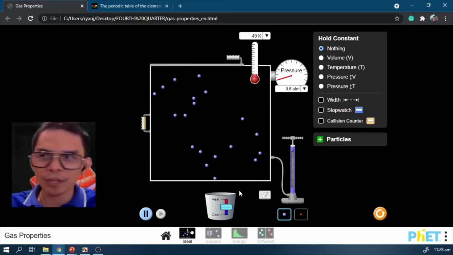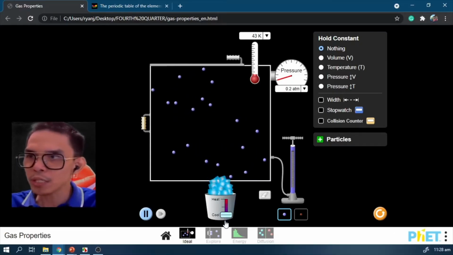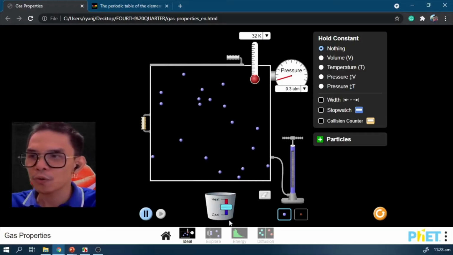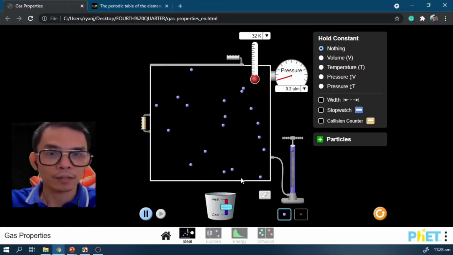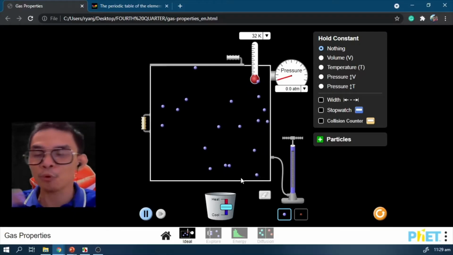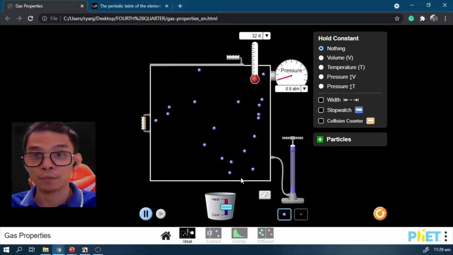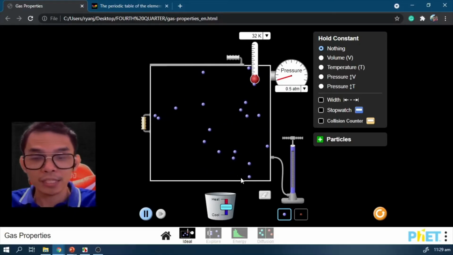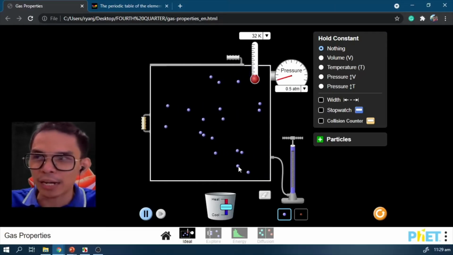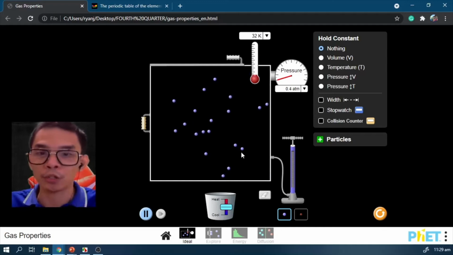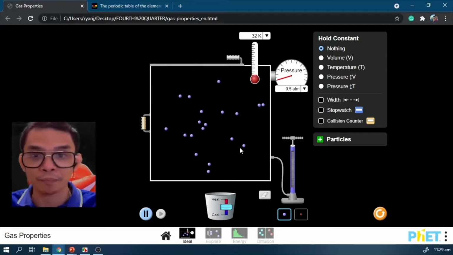When these molecules are moving very slowly, they tend to stick for a longer period of time with another gas molecule. They can interact with another gas molecule for a longer period because they are moving slowly.